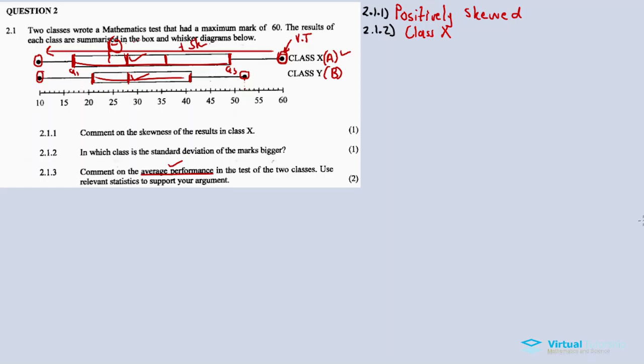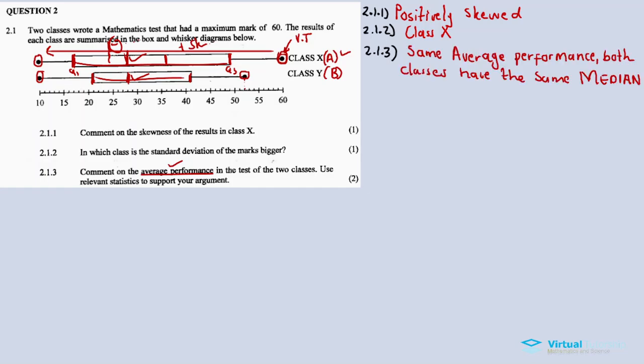I cannot comment on the actual average, so I just look at the median on the given data set. So for 2.1.3, we can just say same average performance. Both classes have the same median, right? So this is the statistical quantity.